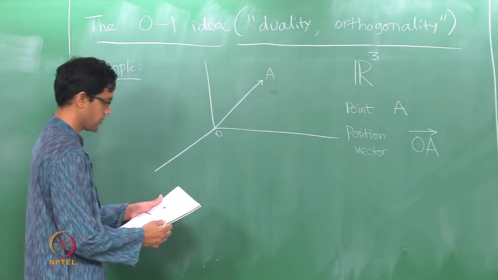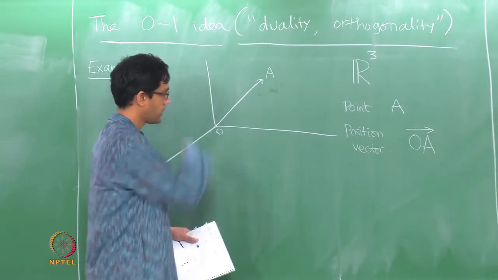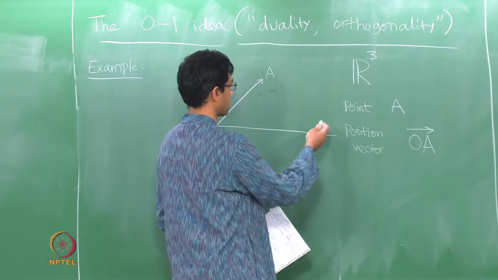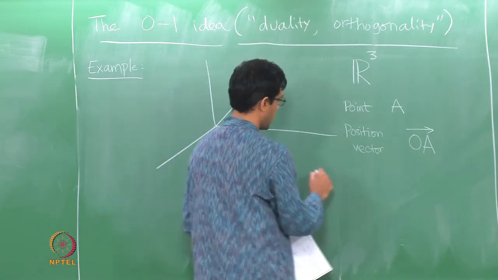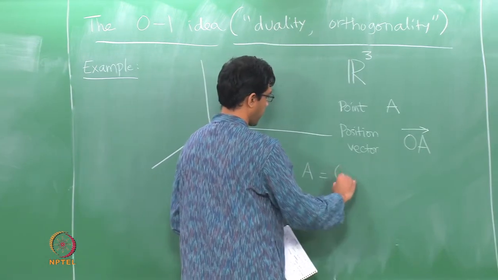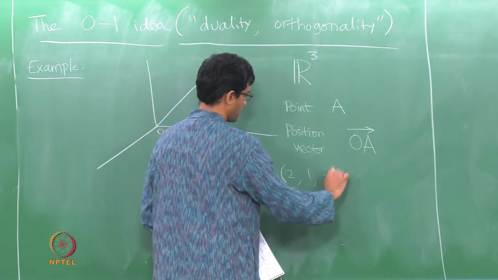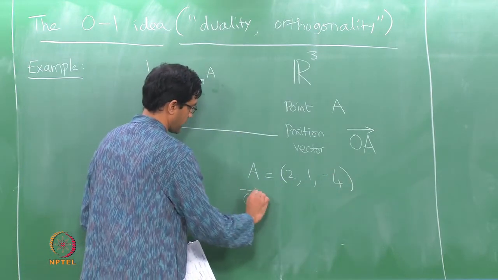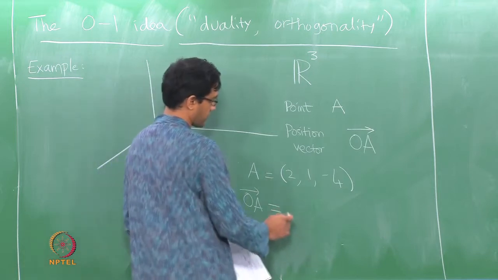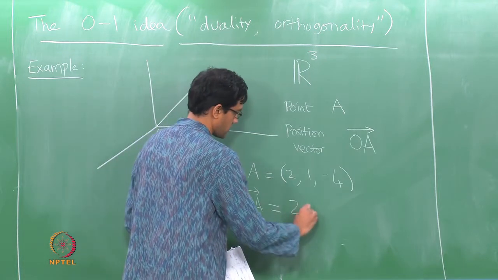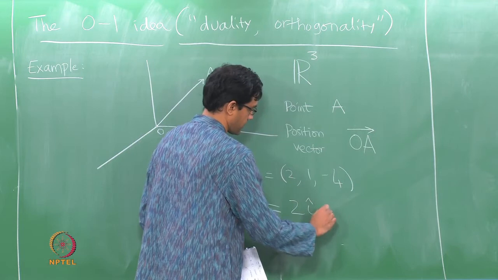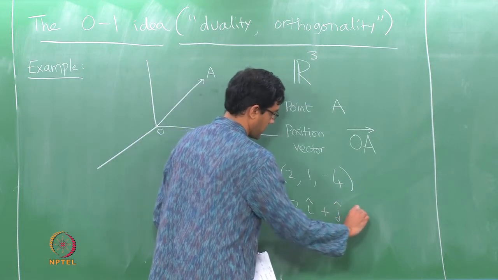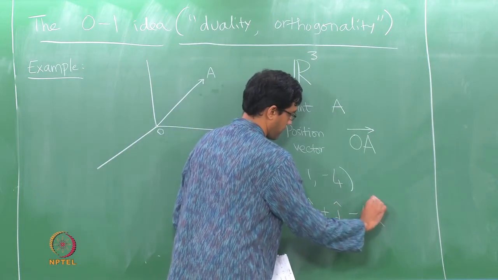Okay, so now here's what I want to do. Maybe we'll just give an example of this. If A is, let's say, the point 2, 1, minus 4, then the position vector of A is usually written as follows in vector notation. We say it's 2 i cap plus j cap minus 4 k cap.